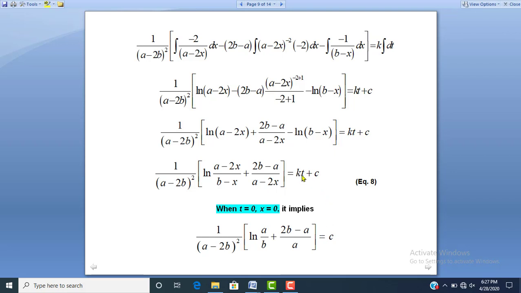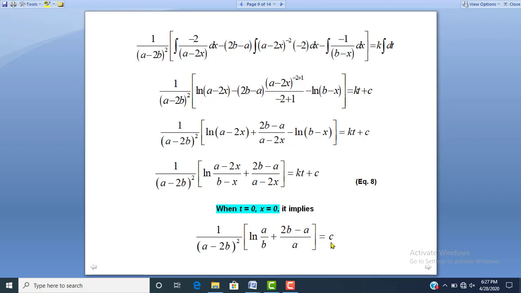And t is also 0, so this kt will instantaneously be 0. So we will find the value of c, the integration constant. This value of integration constant c is 1 over (a minus 2b) square into log natural a over b plus (2b minus a) over a.